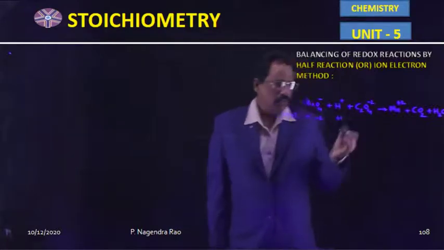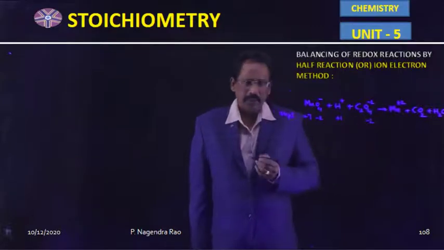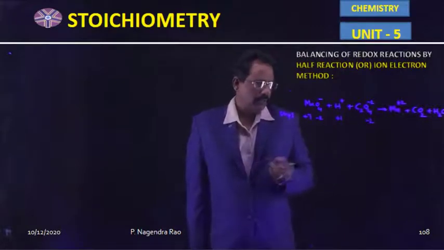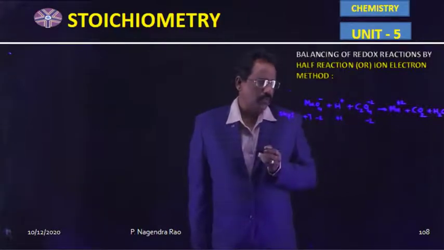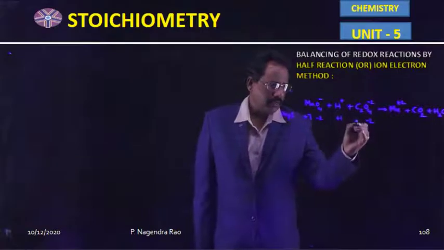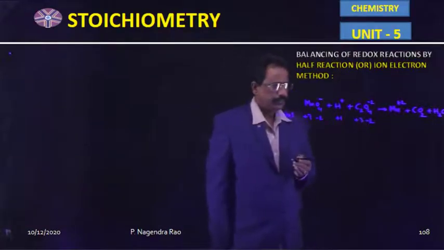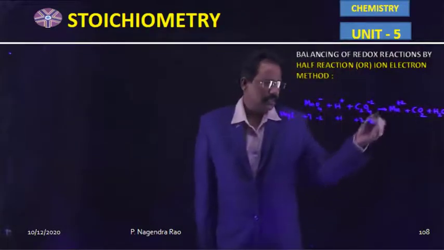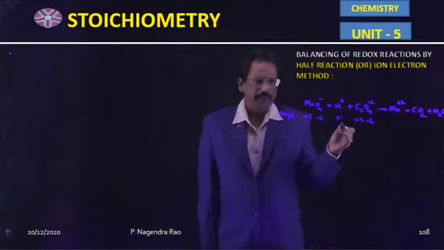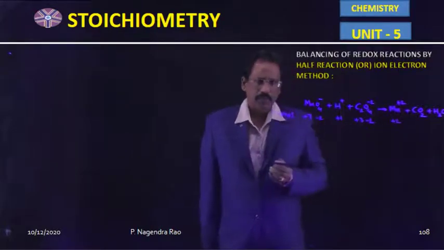Now in C2O4 minus 2, oxygen oxidation state is minus 2. 2X minus 8 is equal to minus 2 and X is equal to plus 3. This is the manganese ion, also an example of a simple radical, so the charge is plus 2.